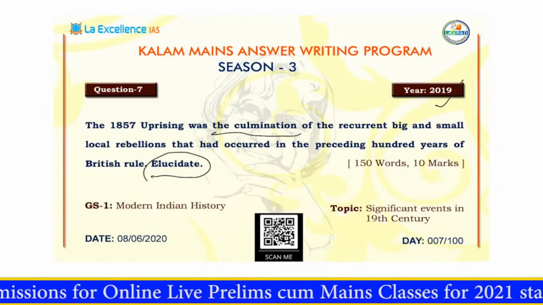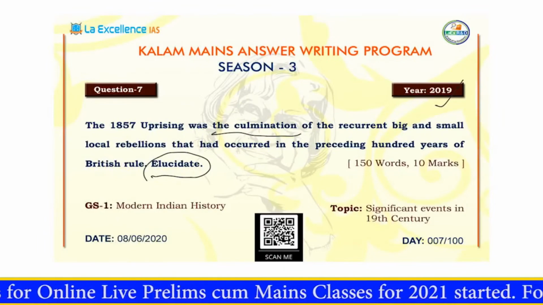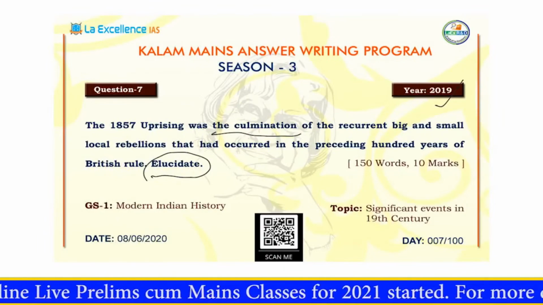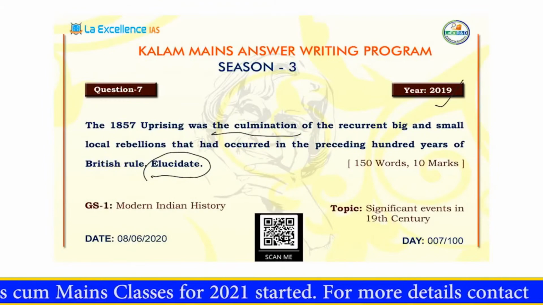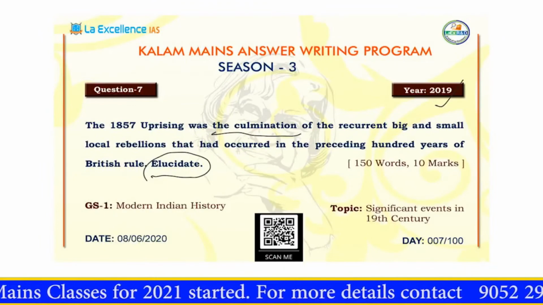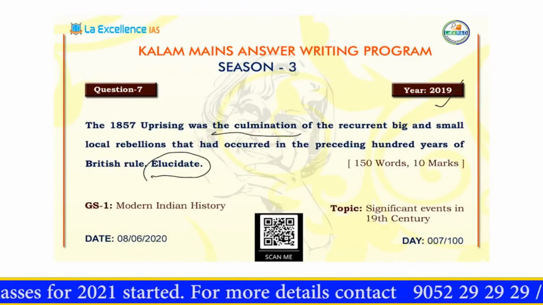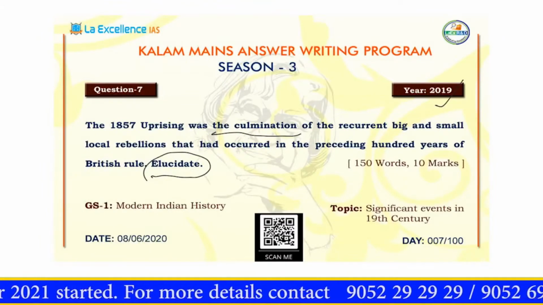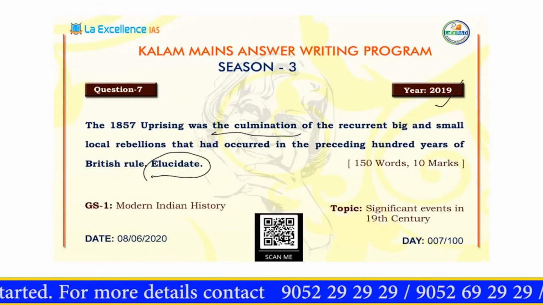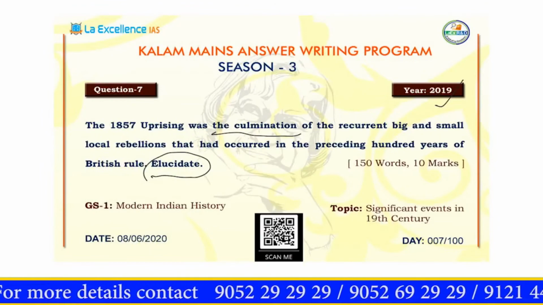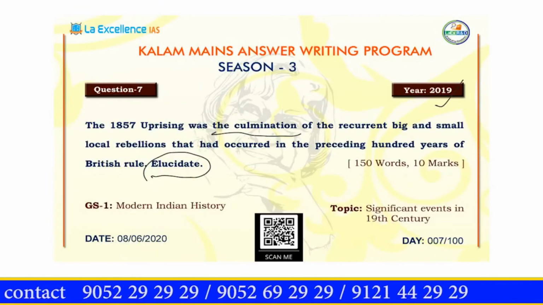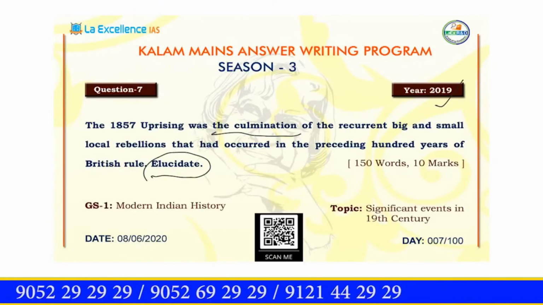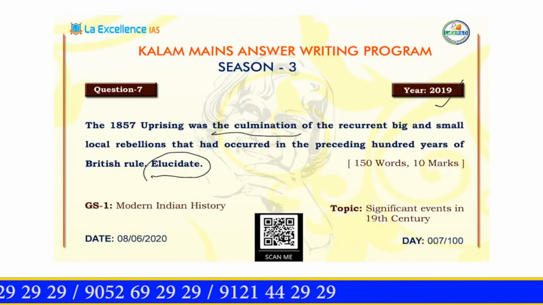Most of the answers which we got mostly gave a list of rebellions that happened prior to 1857. Is that what the question is asking? There are tens of rebellions that happened prior to 1857, and the question is not just asking you to list those events, and it is also not asking about the 1857 uprising.